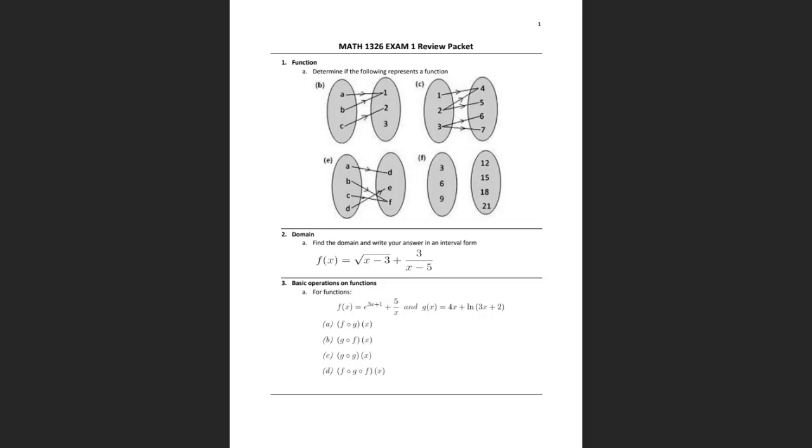So whatever you got from B, you plug that in: 3 times the answer from B plus 1, plus 5 divided by the answer from B, if that makes sense. Because you would do g of f of x first, and then you would take that answer and plug it into f of x.